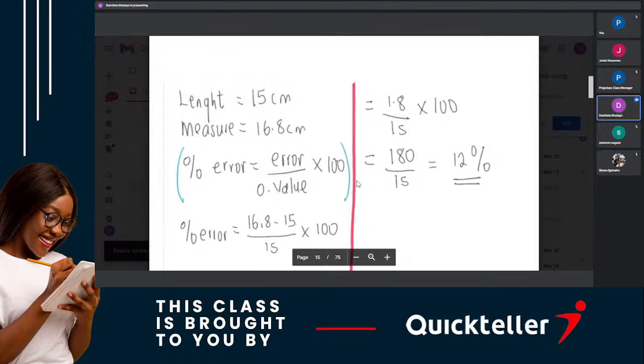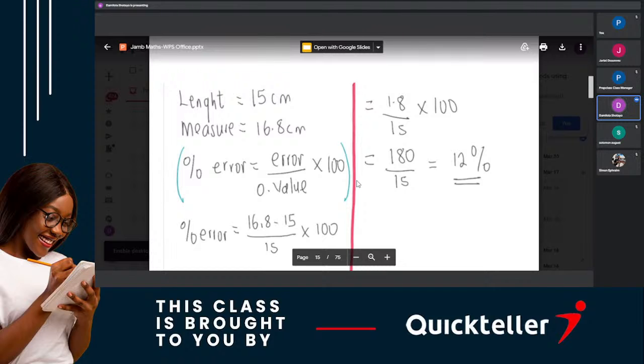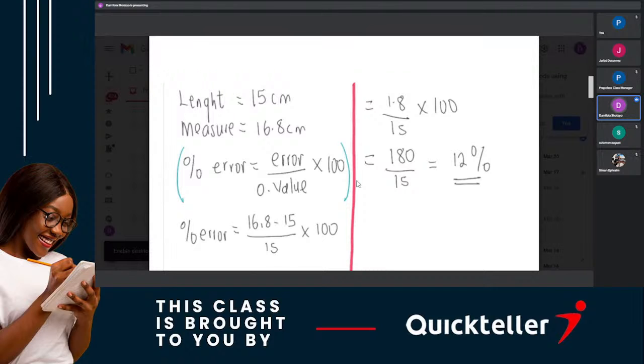This is for percentage error, and this is the way it always comes. Now that 16.8 minus 15 will give me 1.8 divided by 15 times 100. And if you multiply 1.8 times 100, you will get 180. Divided by 15 is 12%. And that is a simple error. Is that clear? That's the percentage error.